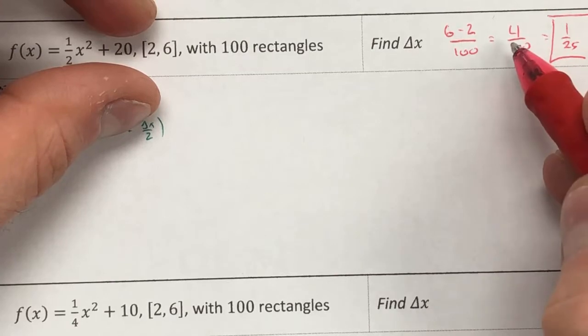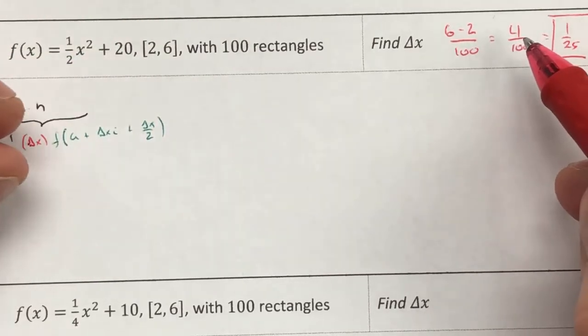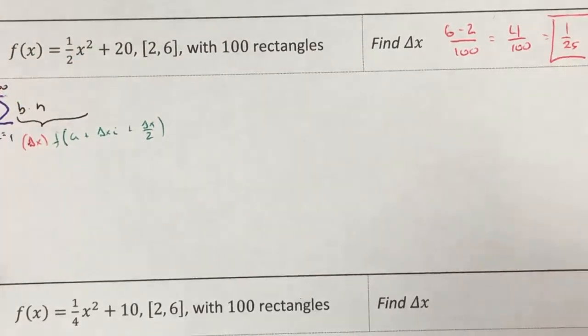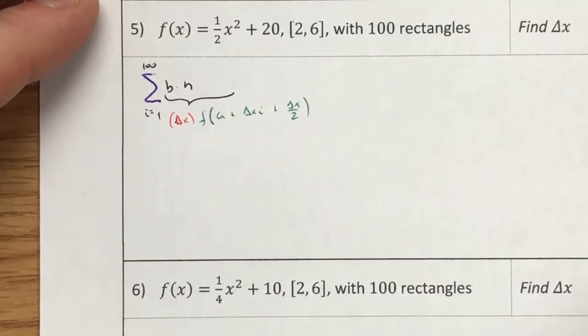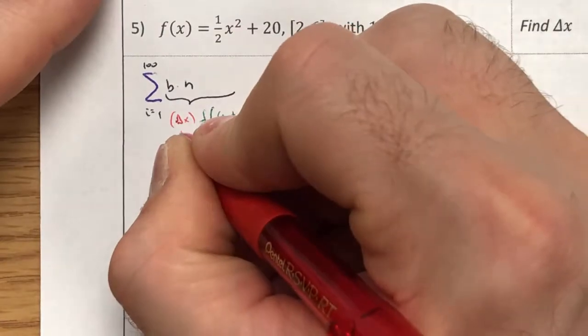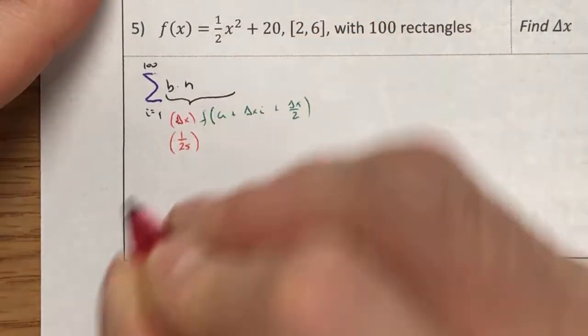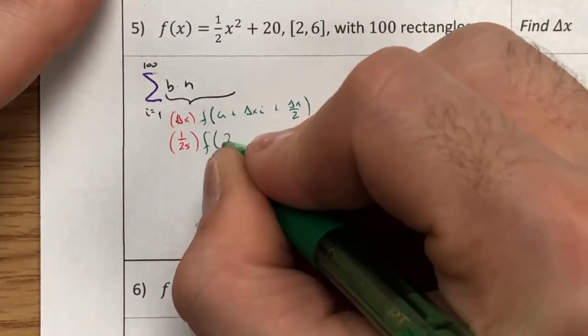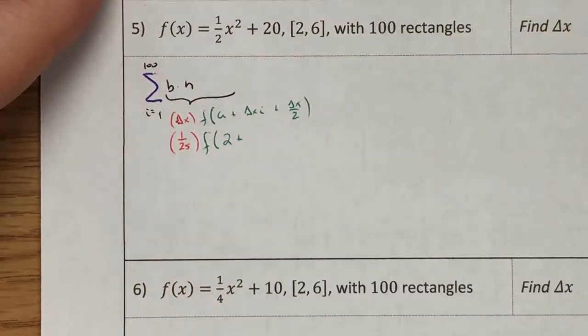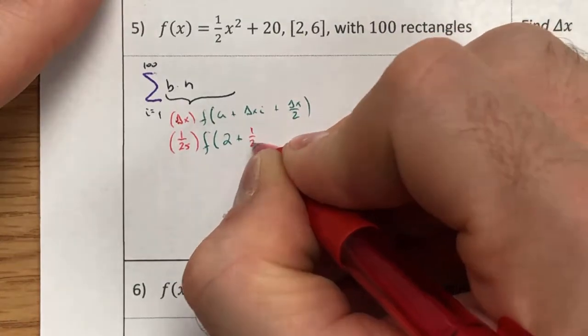Sometimes I like to keep it as 4/100ths just so I can keep in mind what exactly that is. That is the width. But 1/25th. Let's give this a shot. 1/25th times my function where I'm plugging in 2 plus my delta x, which is 1/25th i.